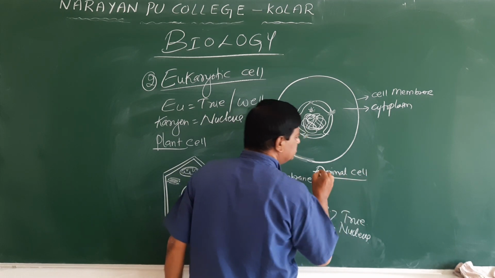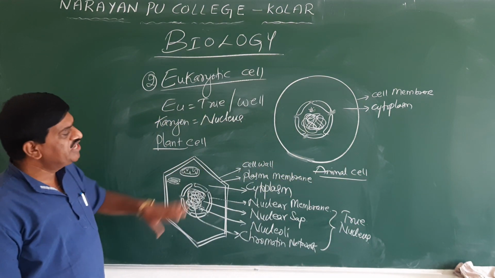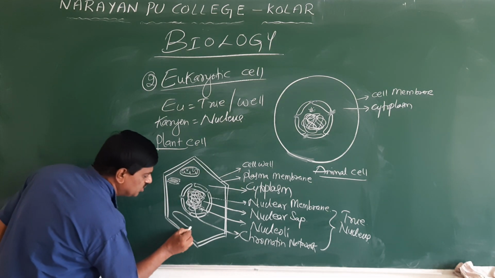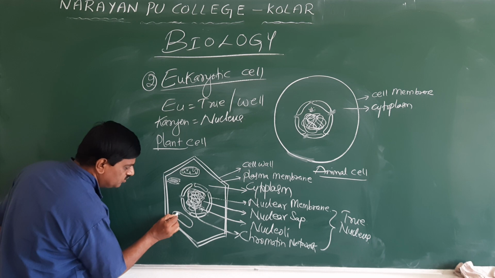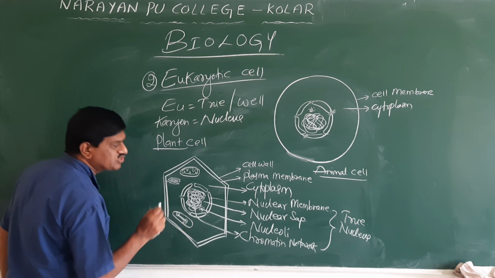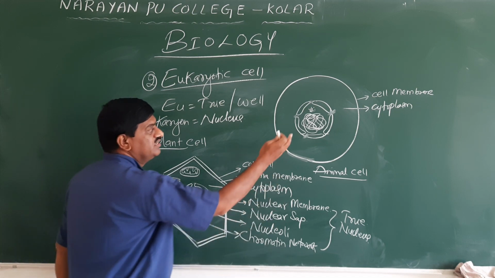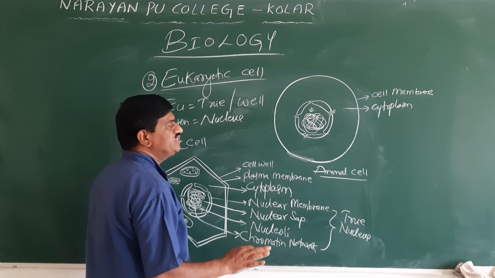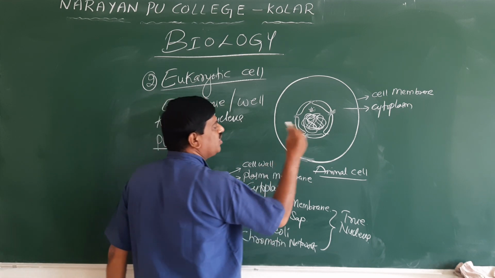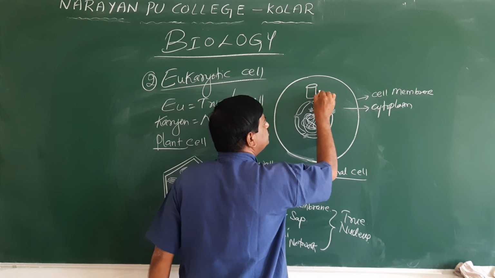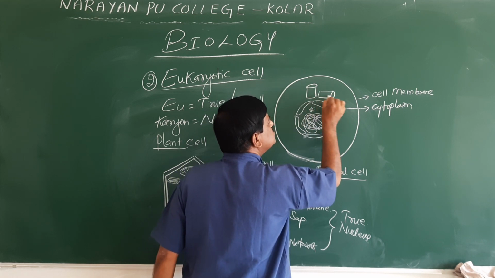So here, we know that there is a major difference between a plant cell and animal cell. There is a presence of chloroplast. When a chloroplast is present in a cell, we call this type of cell a plant cell. Whereas, in the animal cell, chloroplast is absent, cell wall is absent, and it also has the presence of centrioles.